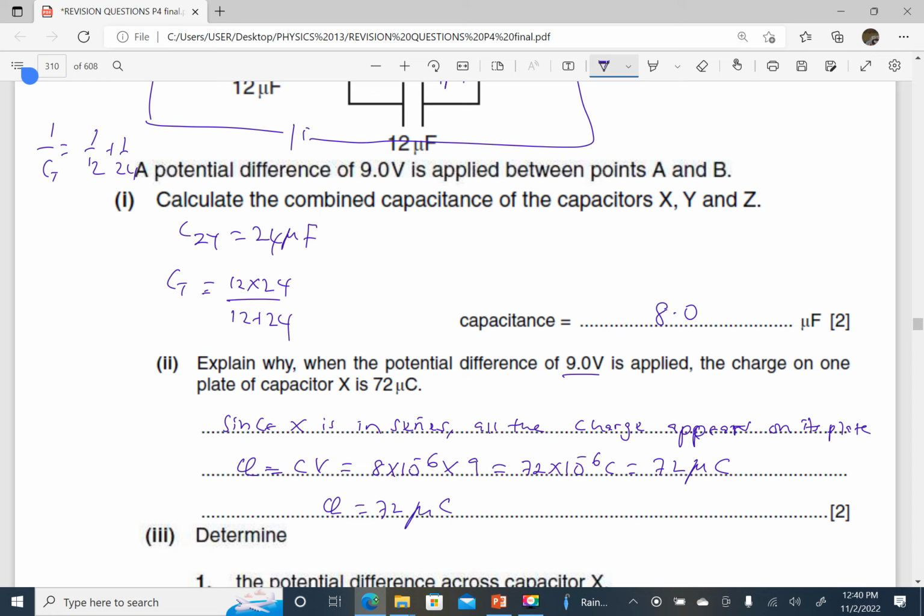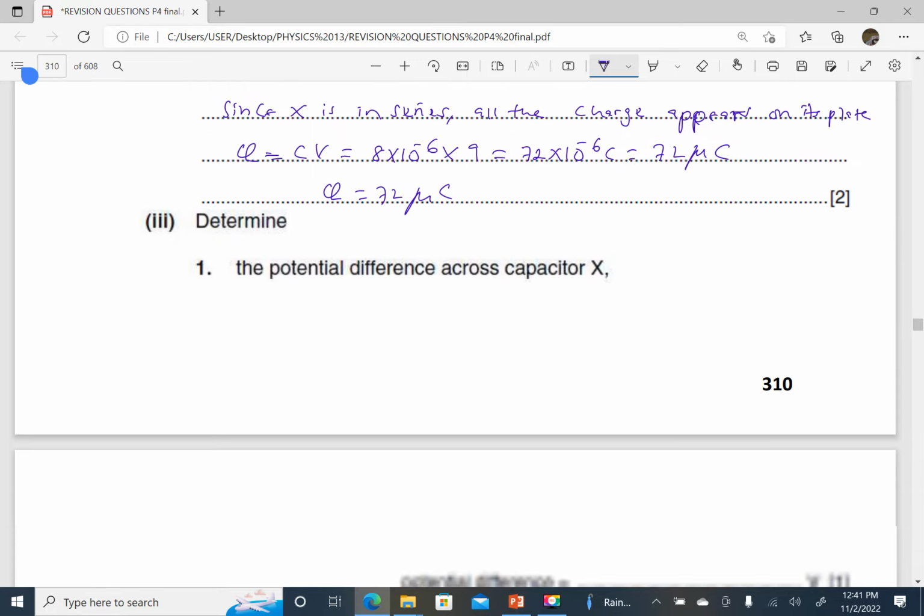And all this charge appears on the plates of X because it is in series. But this charge will be divided between the plates of Y and Z because they are in parallel. Okay, determine the PD across capacitor X. Now that we know the charge on each plate and the capacitance, PD is simply the charge over capacitance.